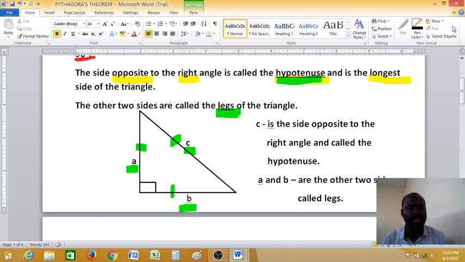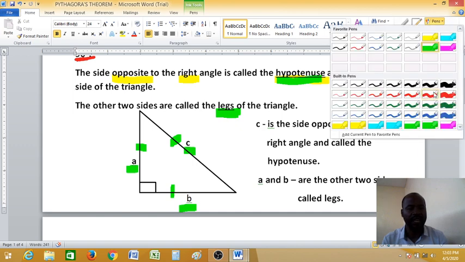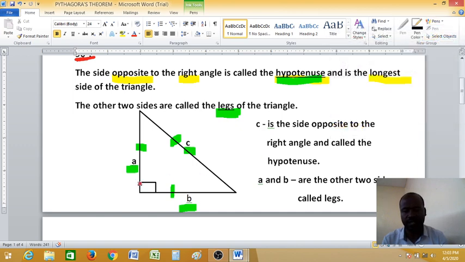This triangle is a right-angled triangle, and the right angle is at this corner. This angle we call the right angle, whose degree measure is 90 degrees.